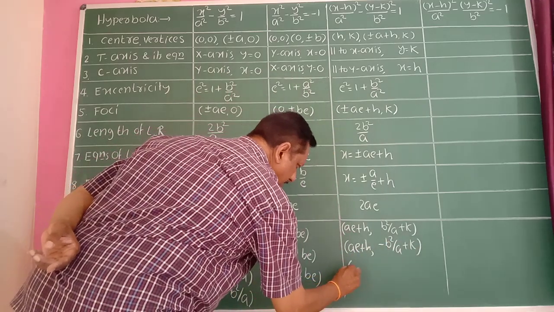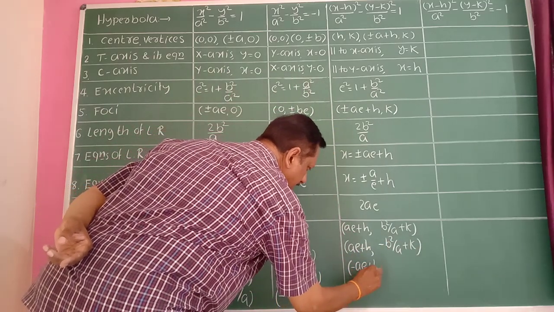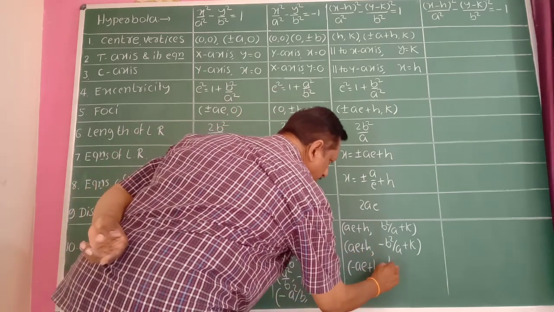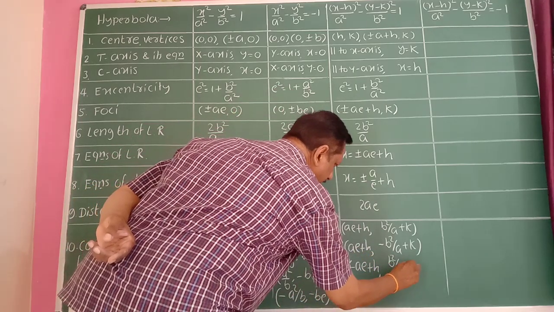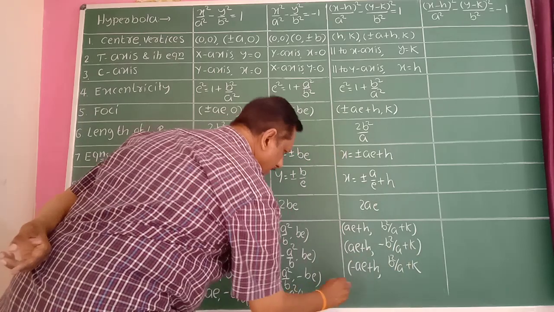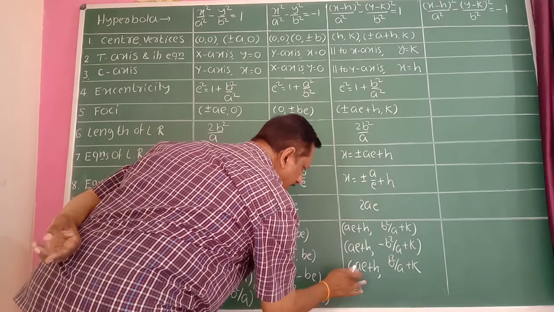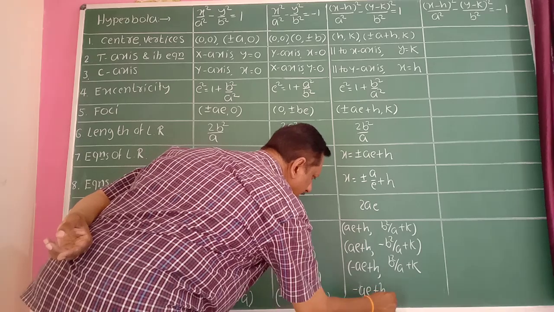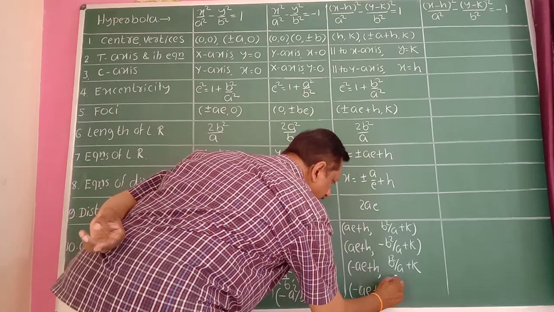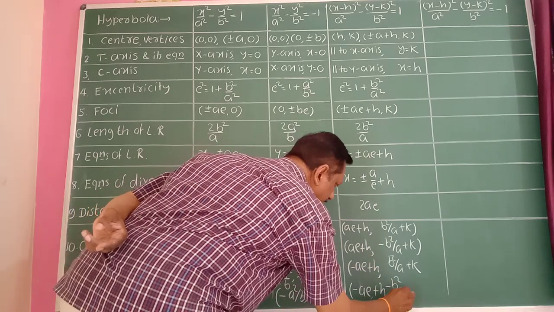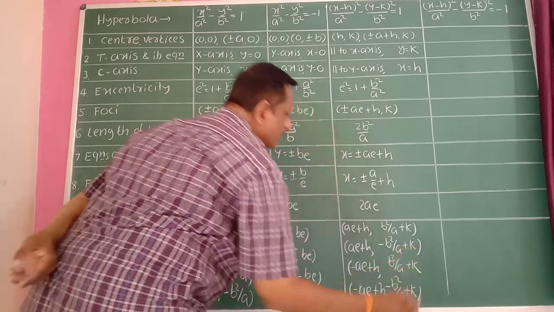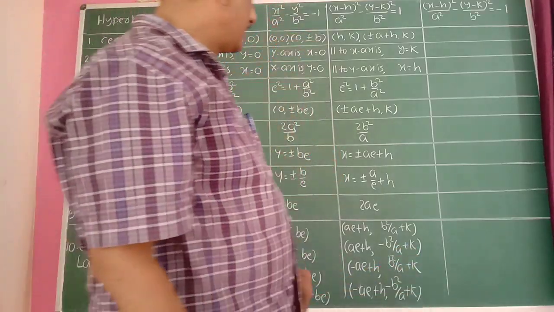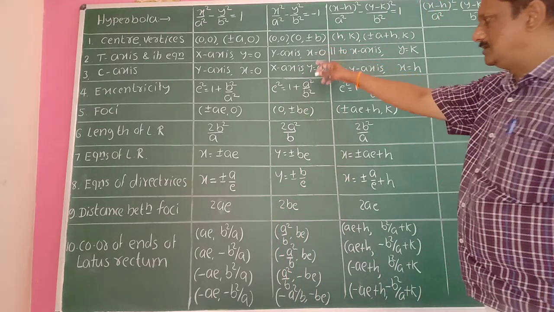Then minus ae plus h, b squared divided by a plus k. Then minus ae plus h here, and minus b squared by a plus k. Similarly, for the conjugate type the formulas are the same, use these results.